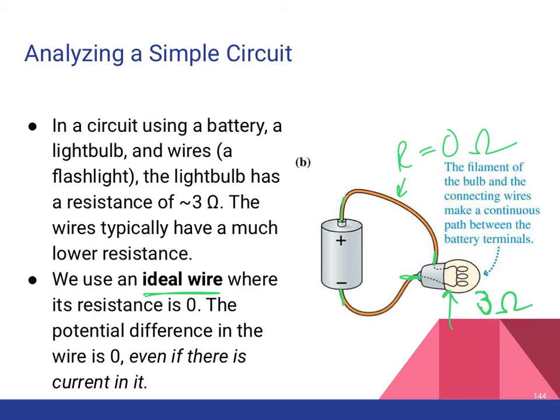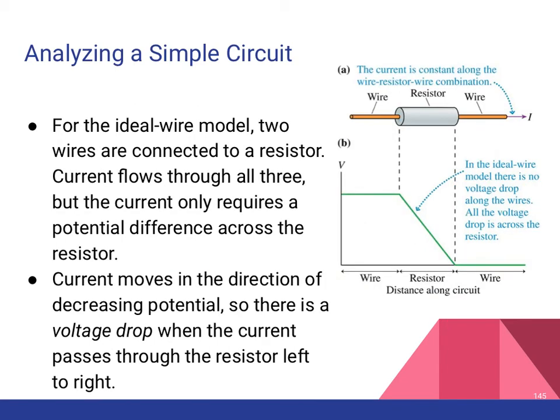That just means that it's allowing electrons to flow without slowing them down. So this makes sense. If I have a 3-volt battery, then where is that voltage drop occurring? Well, all 3 volts is going to drop across the light bulb.